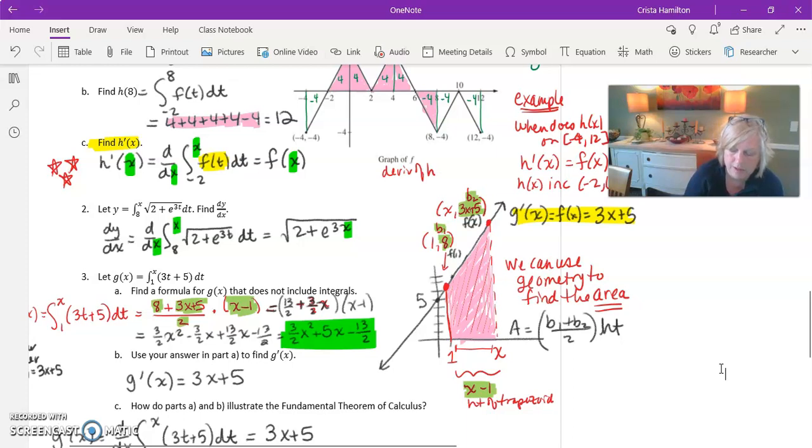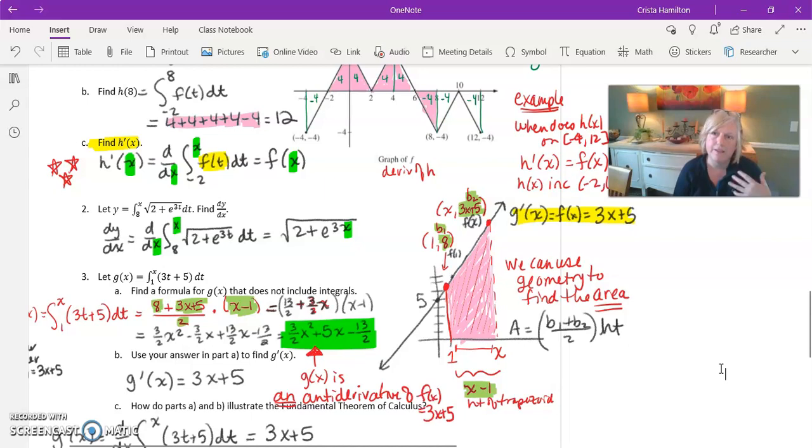Notice that the derivative of g of x, this net accumulation function, happens to be 3x plus 5. So one of the main ideas is to recognize that this formula, this net accumulation function g of x, is, I'm going to stress that, an antiderivative of f of x equal to 3x plus 5.